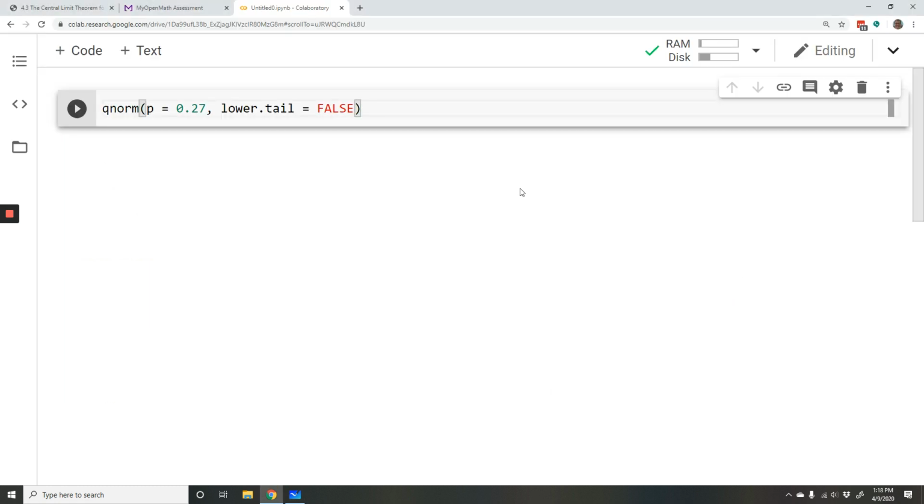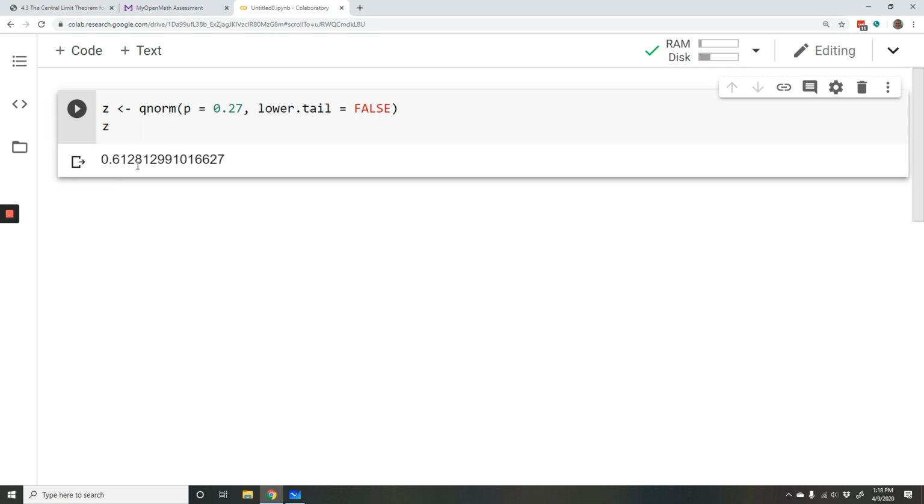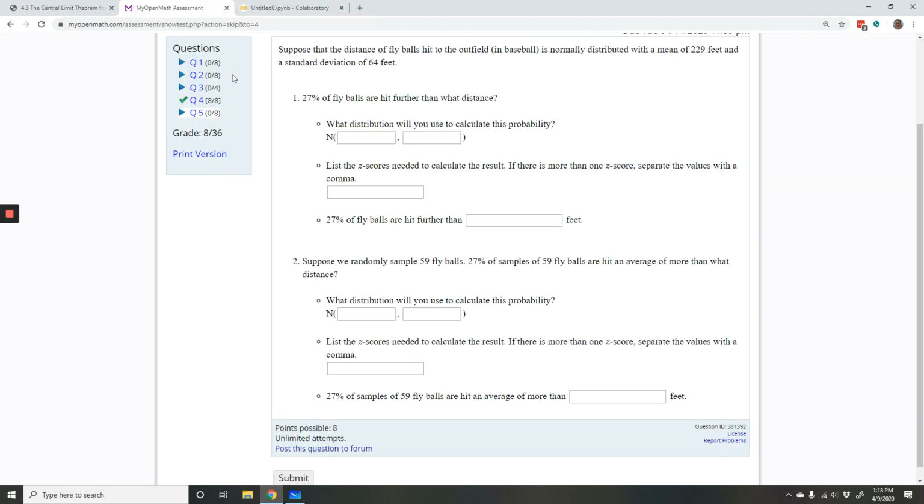So let's set that equal to our z-value. Let's print out that z so we can see it. Okay, so there's our z-value, 0.6128. Okay, so that goes here.